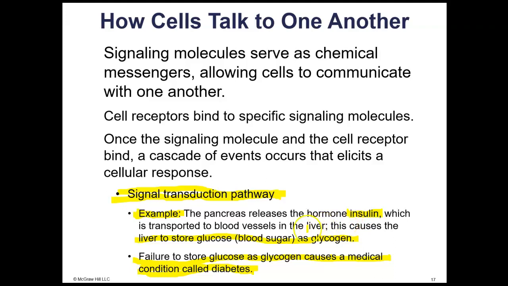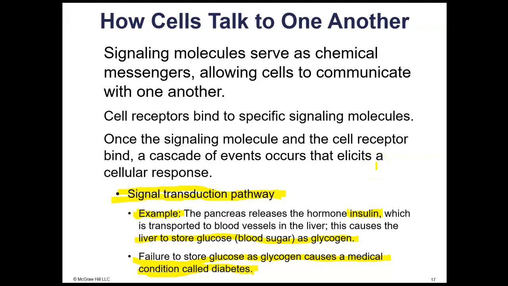Insulin travels to the cells of the liver, and when the insulin binds to a receptor protein on the plasma membrane of those liver cells, it causes the liver to remove glucose from the blood and store it as glycogen. So in that way, it will lower your blood sugar. The failure to store glucose as glycogen causes a medical condition called diabetes.